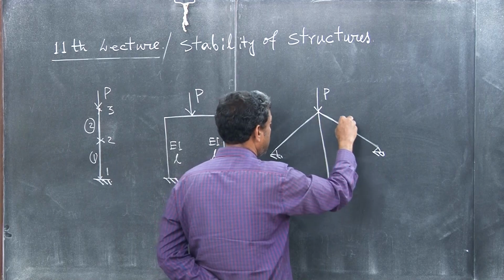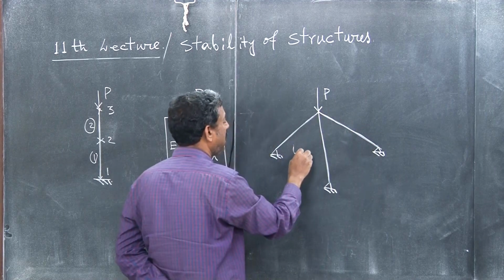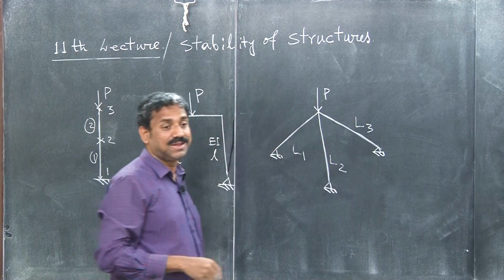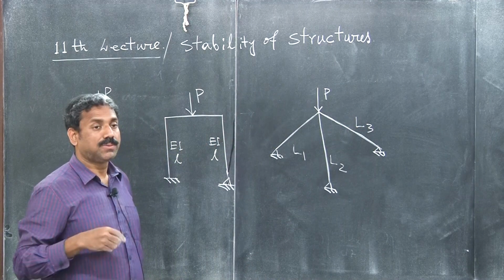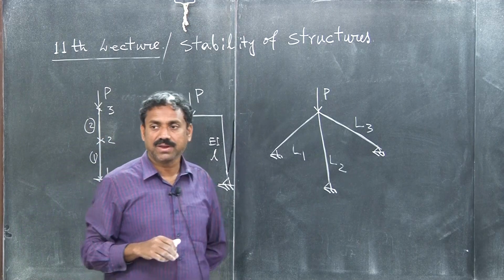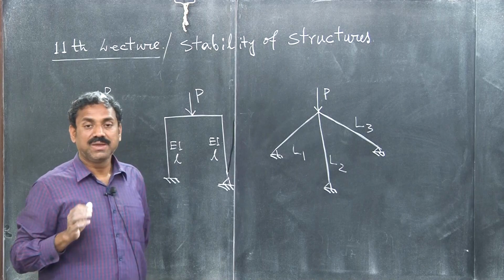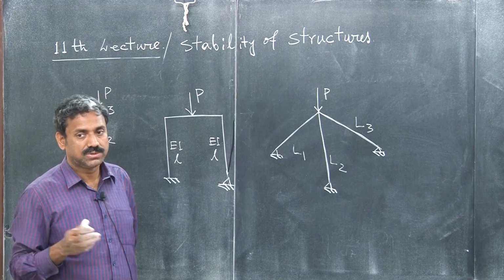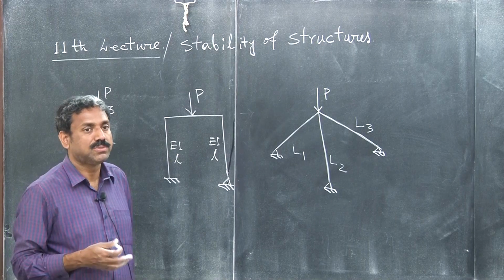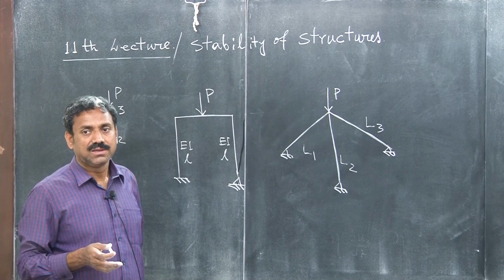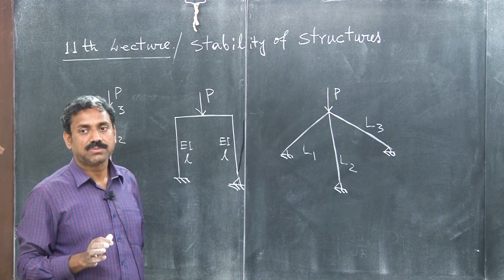So there is some load P being applied, so you can find out what is the critical value of P. So for the frame, be it a space frame or a two-dimensional frame, okay, the best method to analyze for the critical load, and of course there is possibility that some members will be under compression, right, because we are considering buckling as the only form of instability as of now, right.